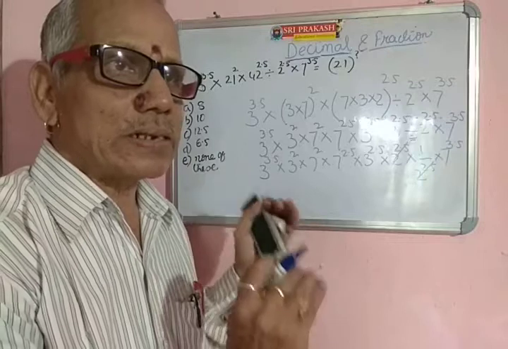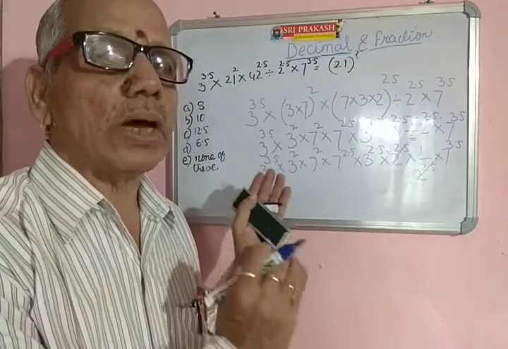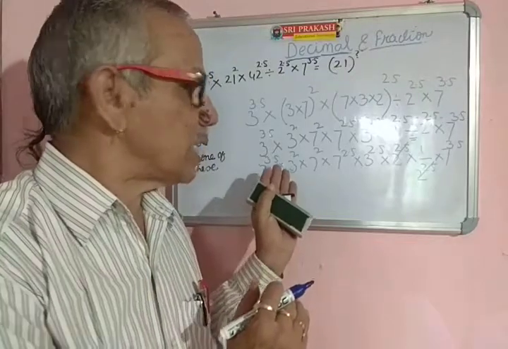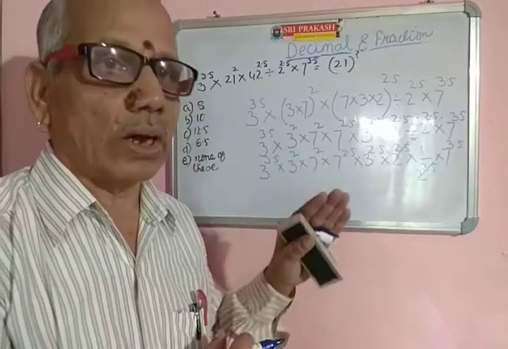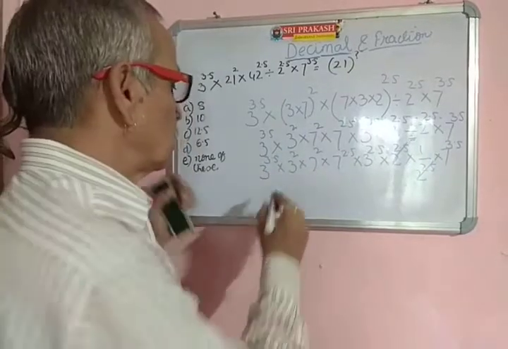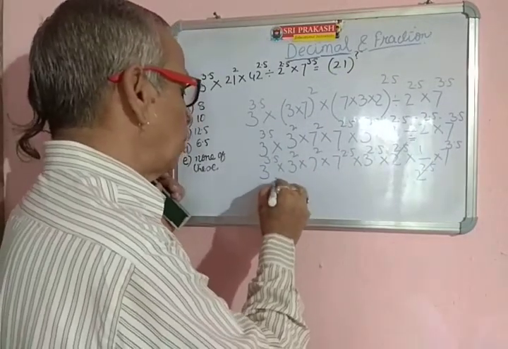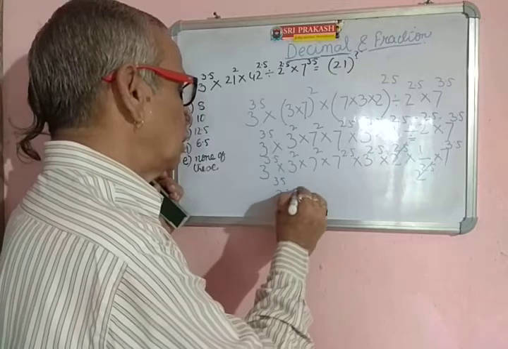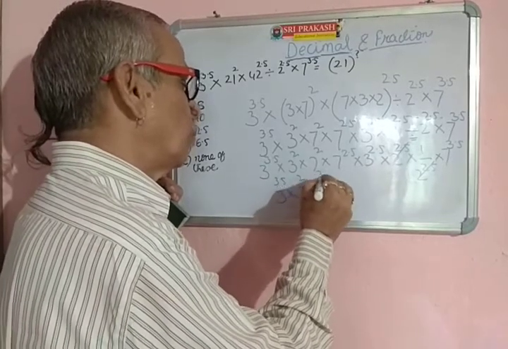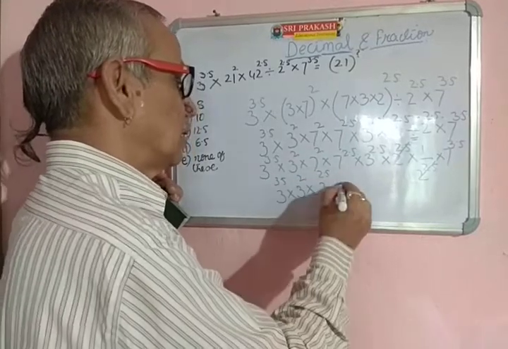Let us assemble all the numbers which have 3 as a base into one group, and all the numbers which have 7 as a base into another group. So 3 to the power of 3.5 into 3 square into 3 to the power of 2.5. Clear?